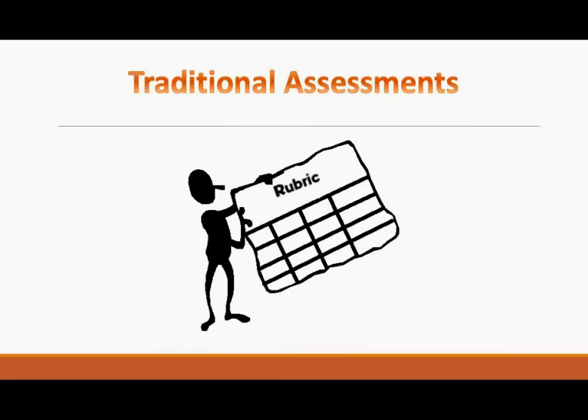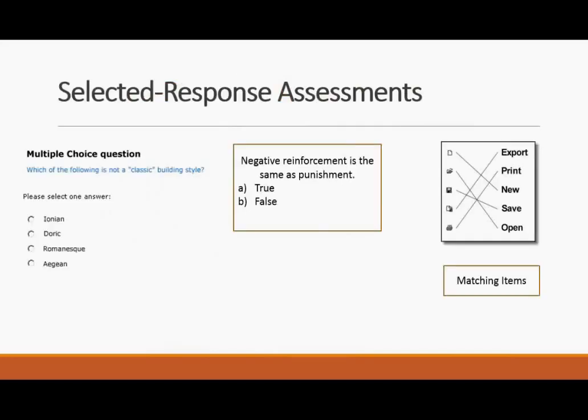Traditional assessments: we want to always have a rubric so that we know that we're grading every student the same way. Selected response assessments include multiple choice, true and false, matching items.